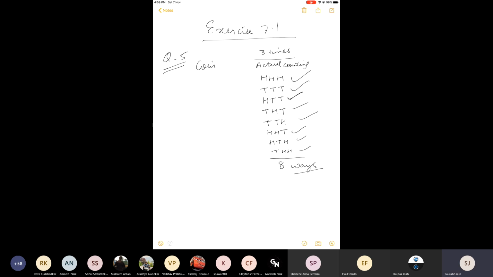Another one can be the multiplication theorem. This is your method 1. This is method 2, the multiplication theorem. By multiplication theorem, we will say the number of cases is equal to 2 into 2 into 2.